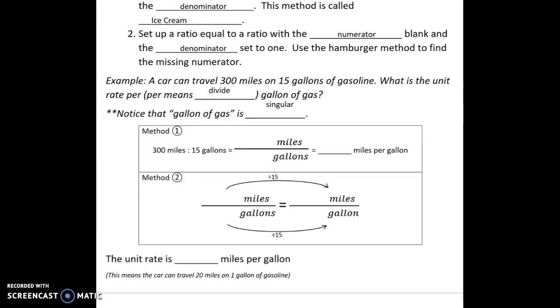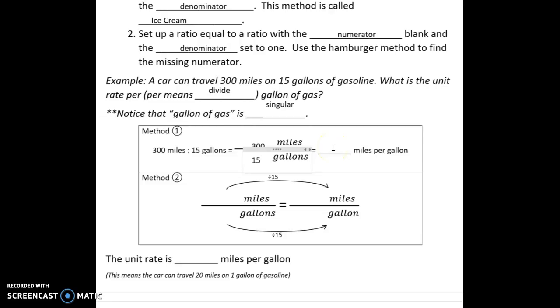Alright, so let's take a look at method 1. It says 300 miles to 15 gallons. To write that as a rate, we would say 300 miles to 15 gallons.